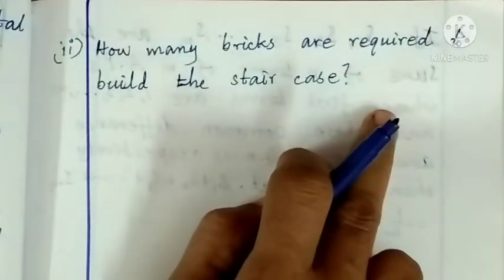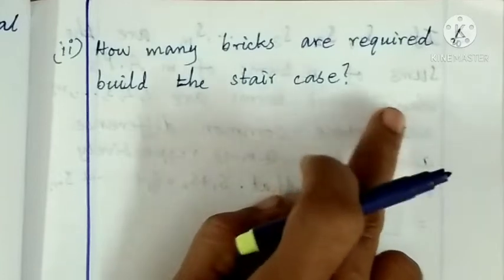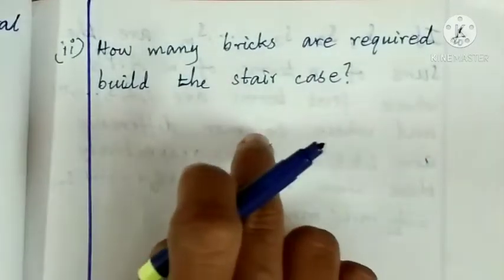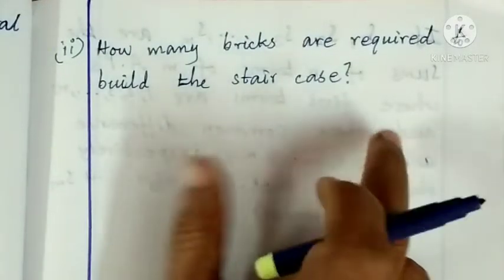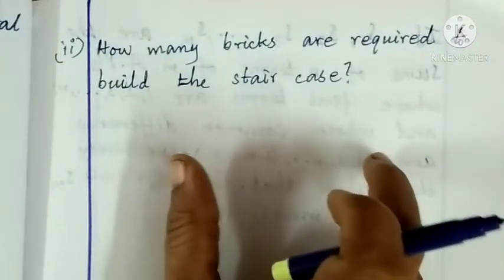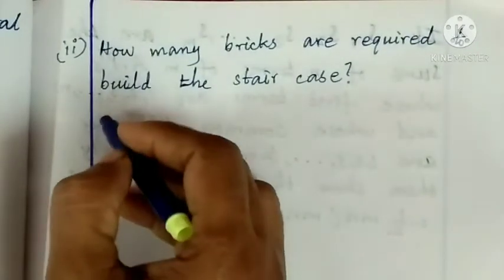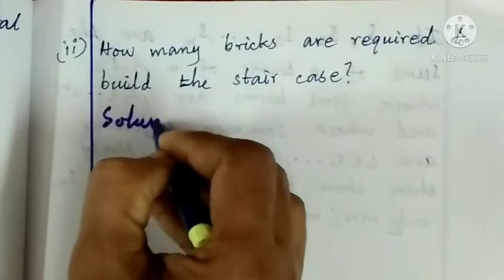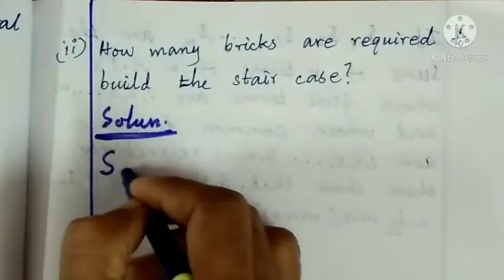Next, we have to find in the second subdivision how many bricks are required to build the staircase. That means the total number of bricks we need to find, that is the value of S30.